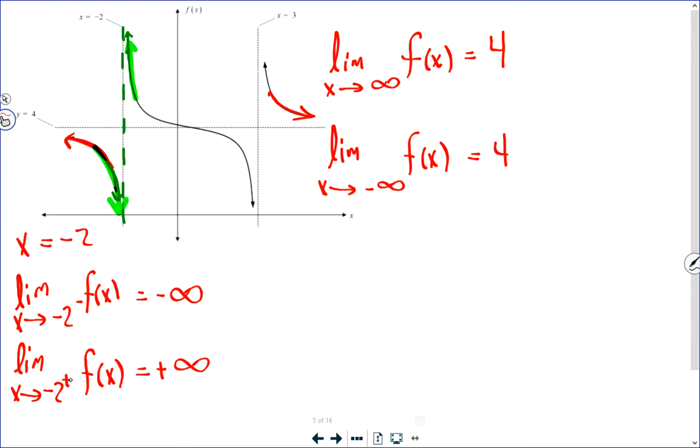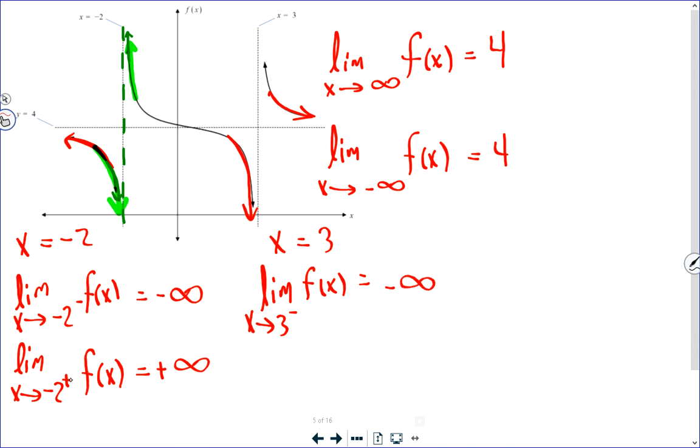When you look at the vertical asymptote at x equals 3, the limit of the function as x approaches 3 from the left, well, from the left, the graph is curving down, so it's going to equal negative infinity.